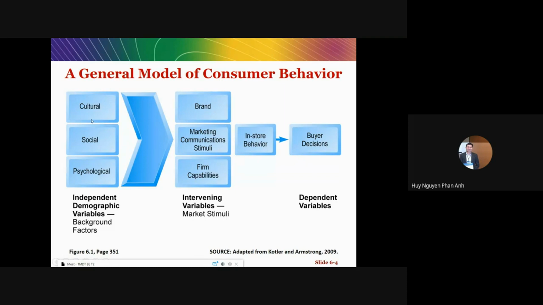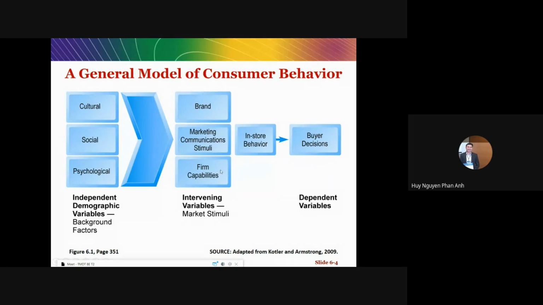It's based on the information from the demographic variables, some of the background factors, maybe from the culture in that region, the social life of the consumers, and the psychological factors. Those factors will affect the brand, the marketing communication stimulus, and firm capability as well.